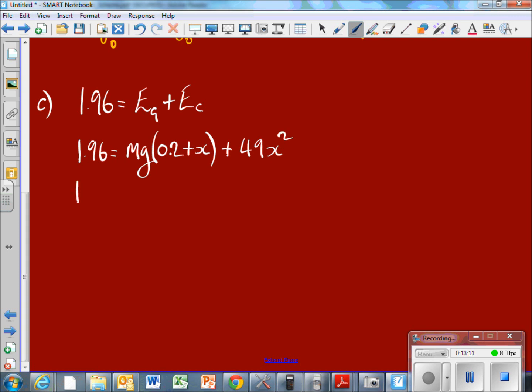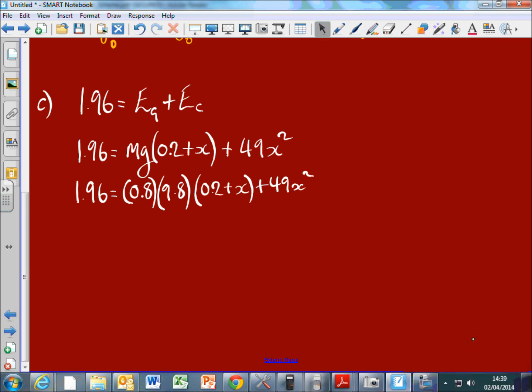So now I'm just going to multiply all this out. The mass now, because it's just mass A, is 0.8. So that's 0.8 multiplied by 9.8 multiplied by (0.2 plus x), plus 49x squared. Okay, and I'm just going to tidy all this up.